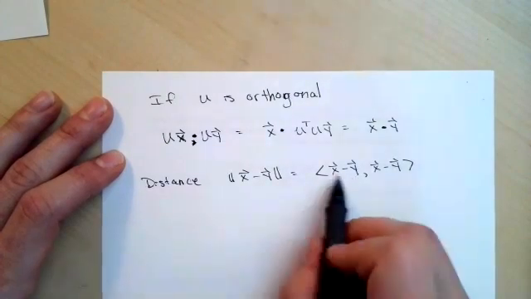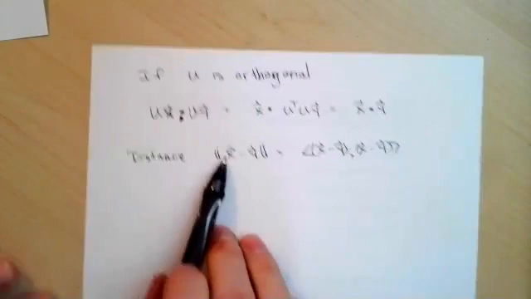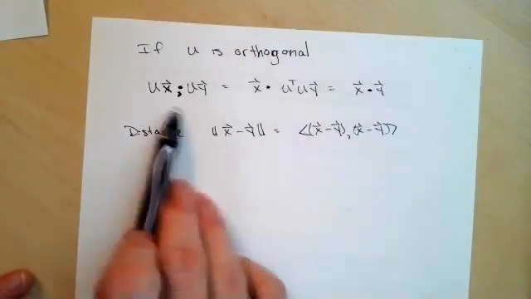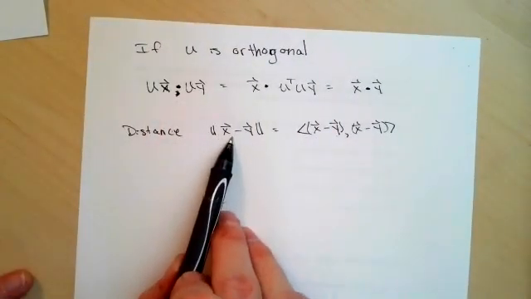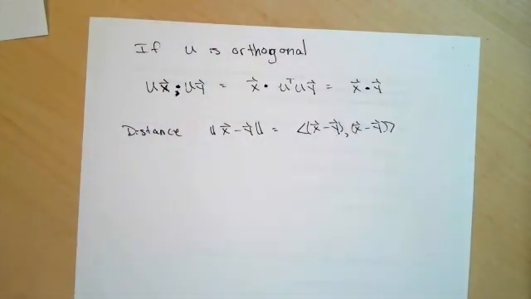So this is a dot product of the vector x minus y with itself. And if we apply U to x minus y, again, it's not going to change the inner product, meaning the distance between two vectors isn't going to be affected by these orthogonal matrices. So these orthogonal matrices are very important to study, especially in higher dimensional spaces when we want to preserve these distances, when we want isometric transformations.